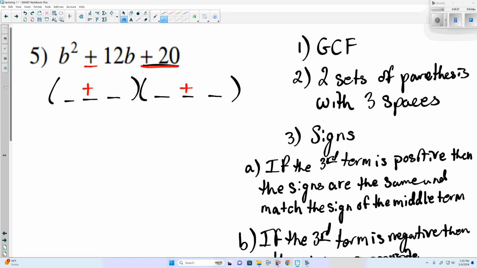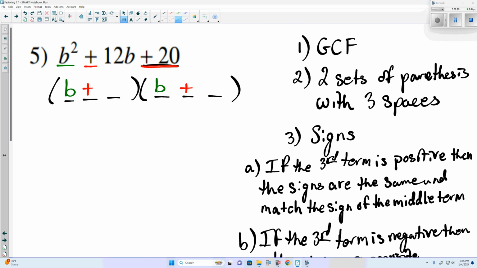So we look at this here. Factors of the first term, we're looking for factors of b squared. Well, there's only one set of factors of b squared, and that is b and b. Since there's only one set of factors for b squared, we're just going to go on and plug them in.